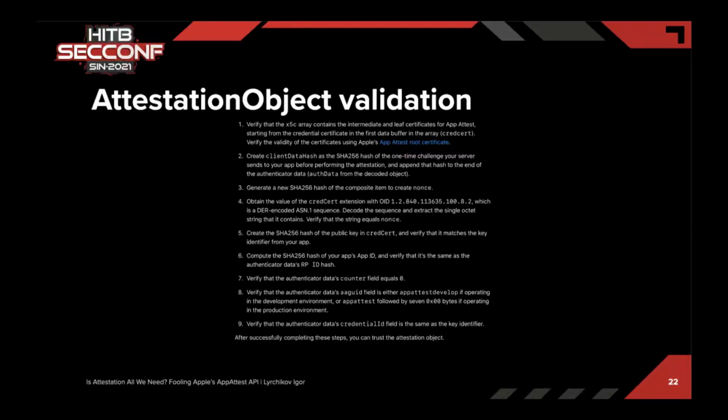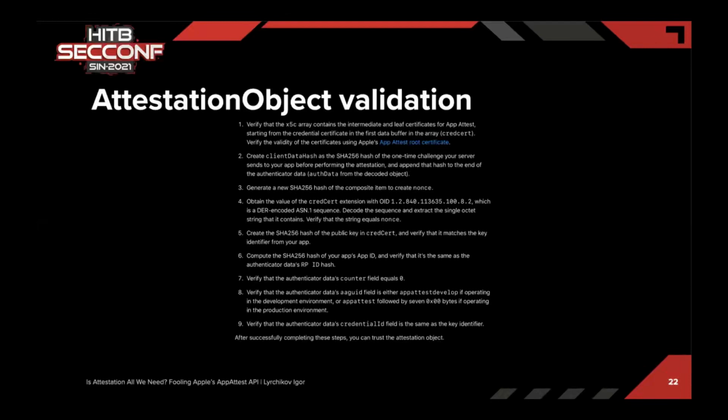After that, you compute a new SHA-256 hash of your application's ID and verify that it's the same as the authenticator data's RP ID hash. I don't know why, but it's still necessary to verify that the authenticator data's counter field equals 0. I have no idea why they recommend doing it.